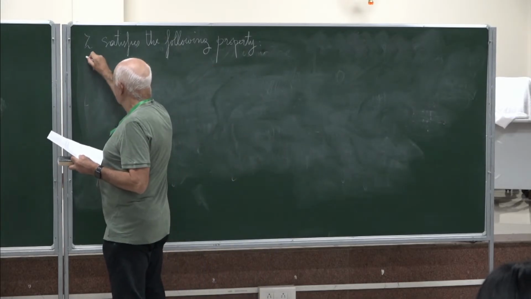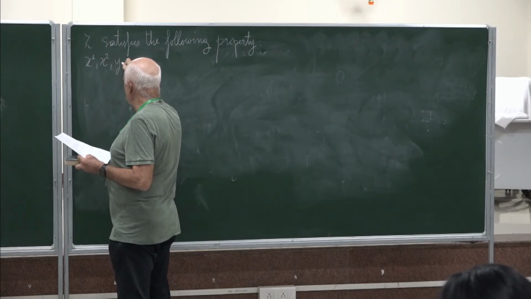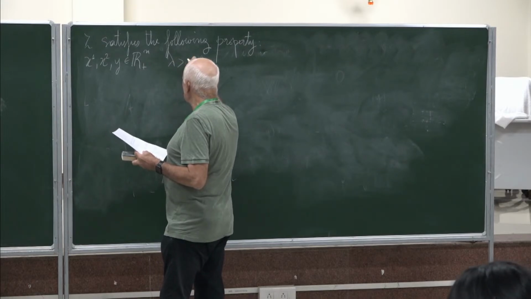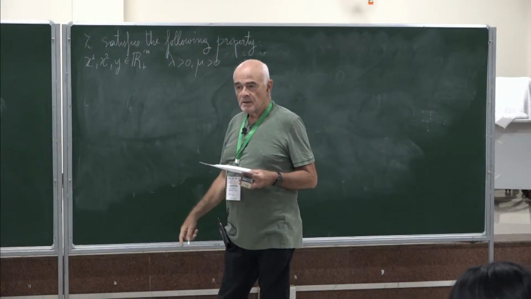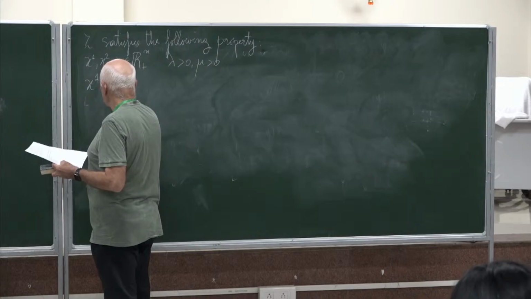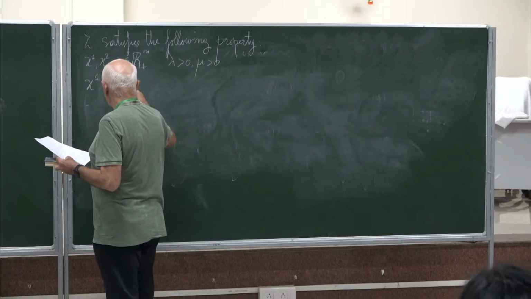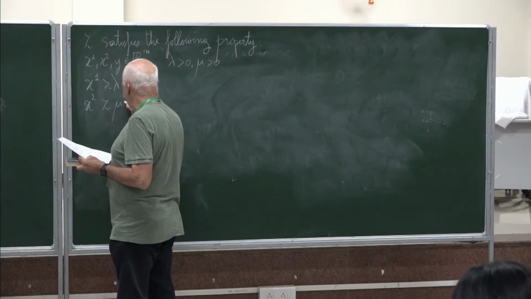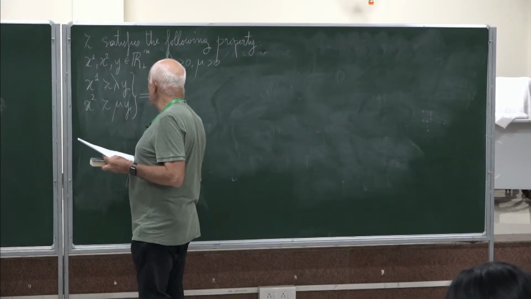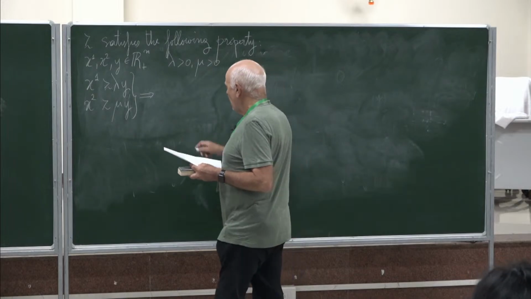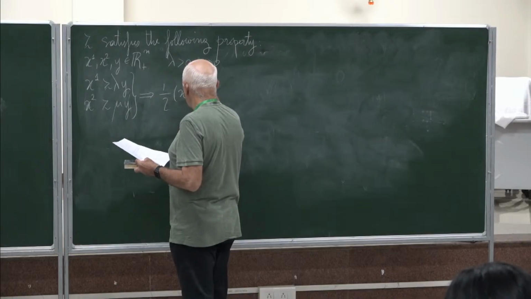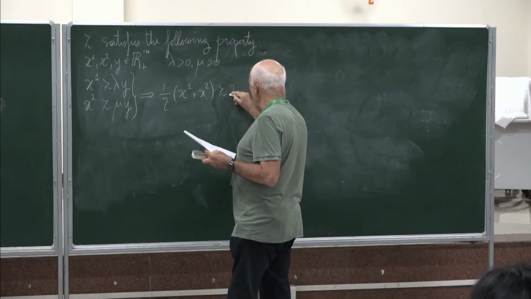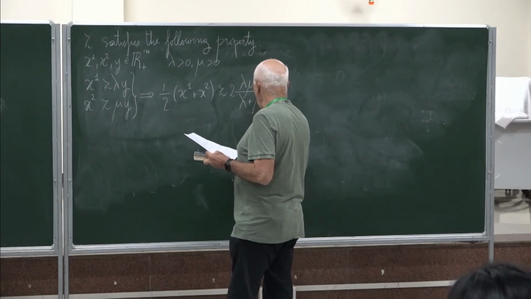Whenever you have three commodity bundles, X1, X2, Y, in R plus N, and two positive numbers, lambda and mu, and they are such that X1 is preferred to lambda Y, X2 is preferred to mu Y. So the property is that in this situation, 1/2 X1 plus X2 is preferred to twice lambda mu over lambda plus mu times Y.